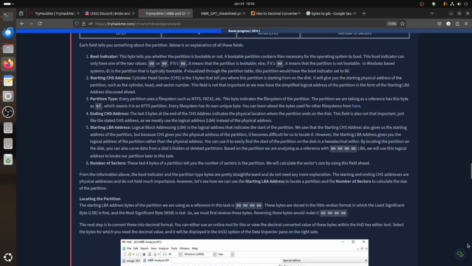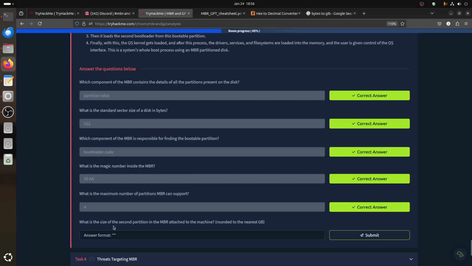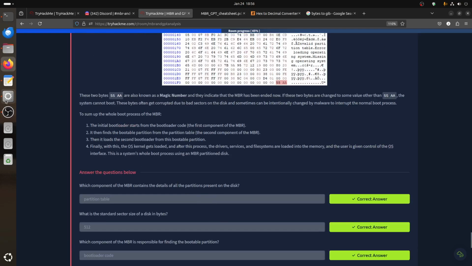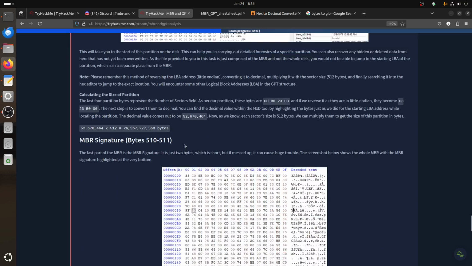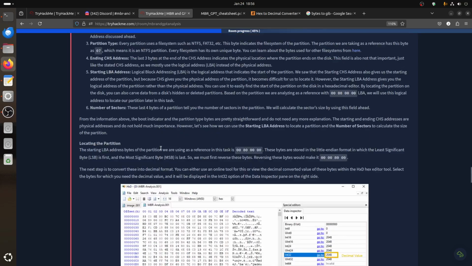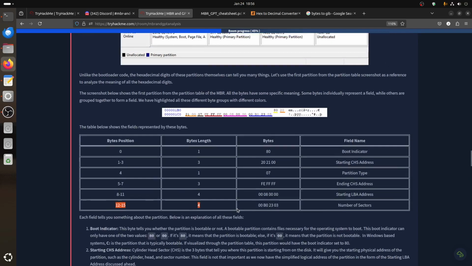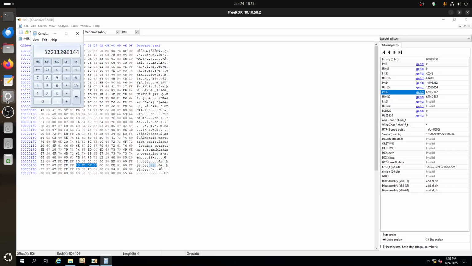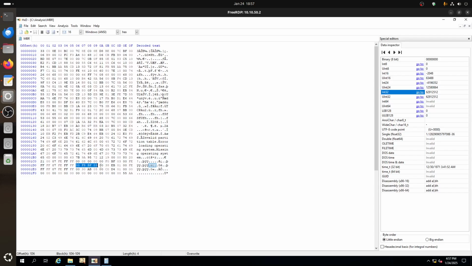The question is, what was the question again? The size of the second partition. I'm confusing it with the size of the partition is the last ones. So keep this one. I'm confused now. So we have this one. This is the size of the second partition.